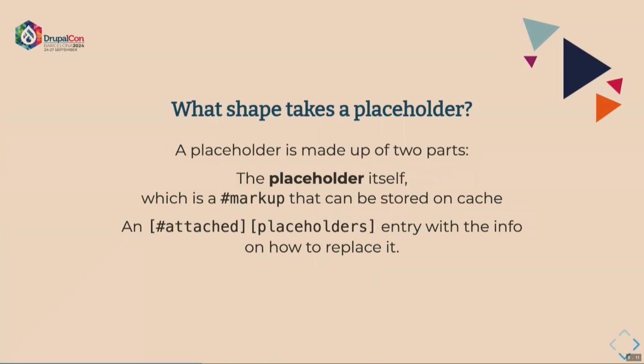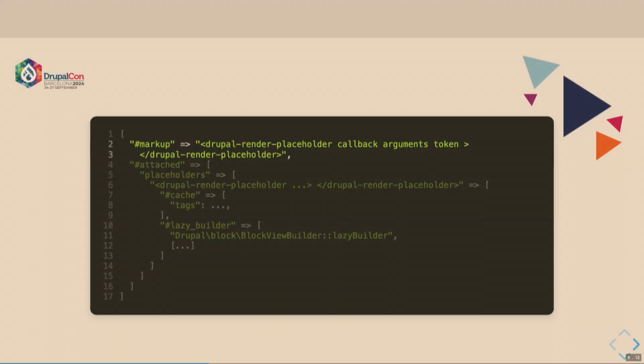So what shape takes a placeholder? So now we have the render array, we have the lazy builder, but what does Drupal do with this information? It creates a new render array which is made of two parts. The placeholder itself, which is just a markup with some information, and in the attached object, render array, in the attached with the same attached that we use for libraries, etc., there is a placeholder central with the information on how to replace it.